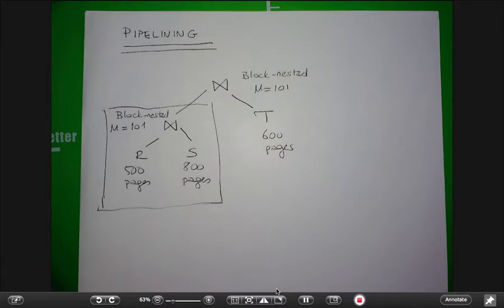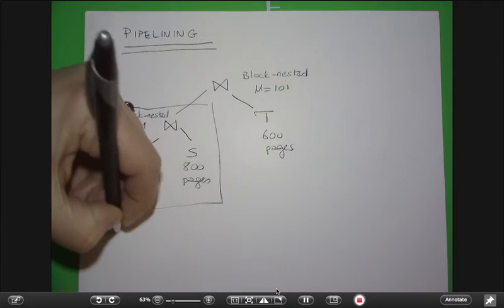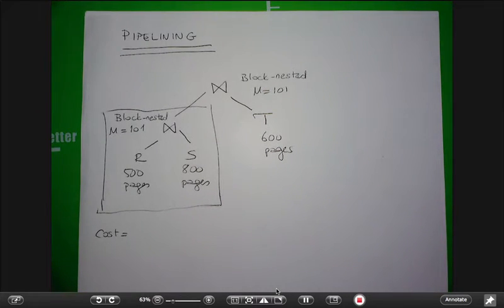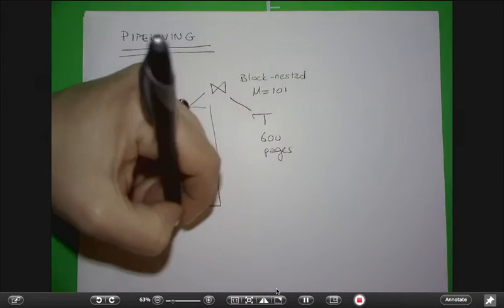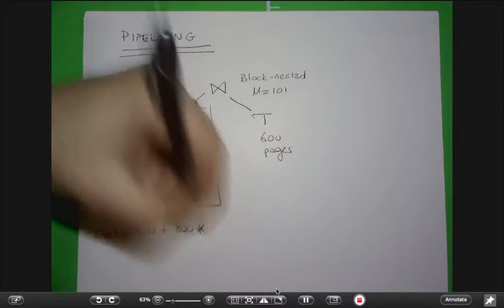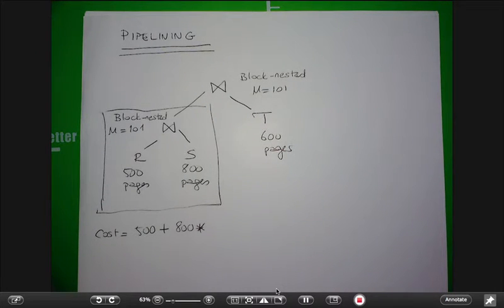So I'm going to read R 100 blocks at a time, and for each group, I read all of S. The cost is reading R completely once, and then reading S as many times as it takes to go through R. R has 500 pages and I can only read 100 at a time, so I read it in 5 groups, which means I read S 5 times.